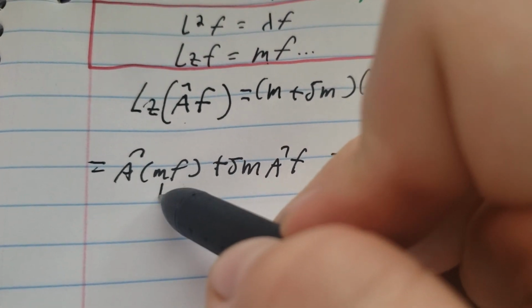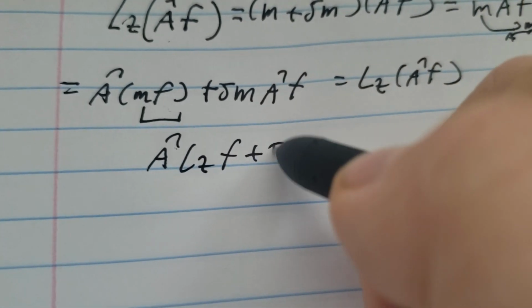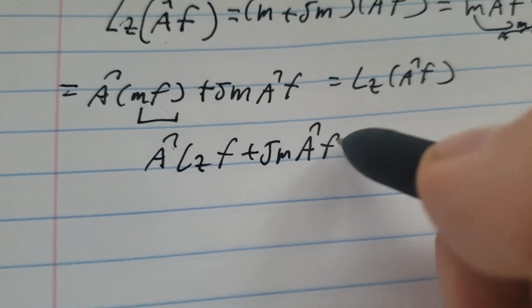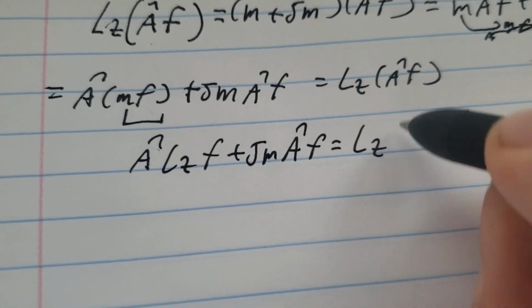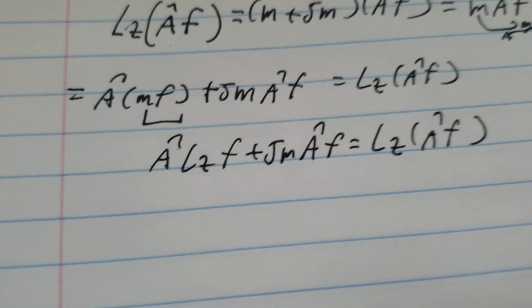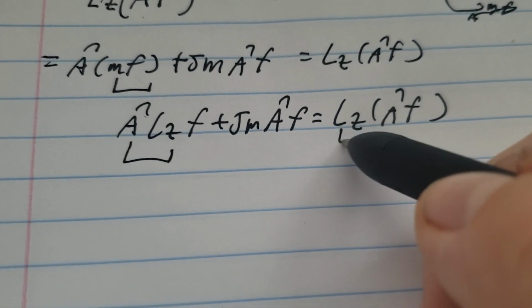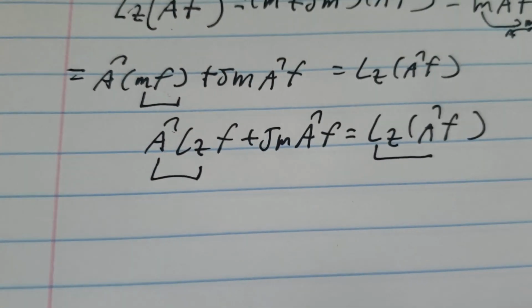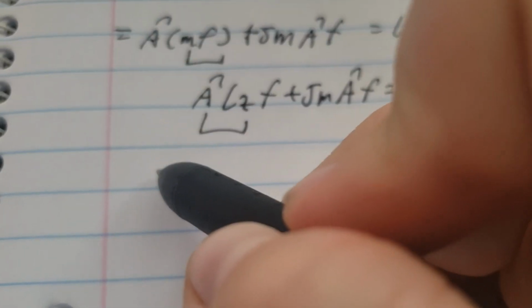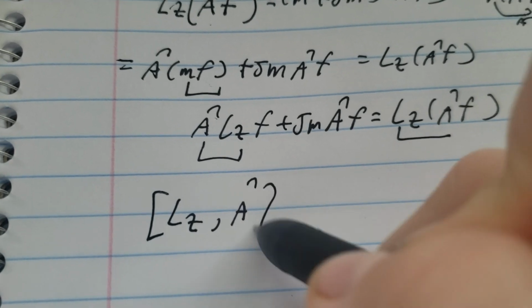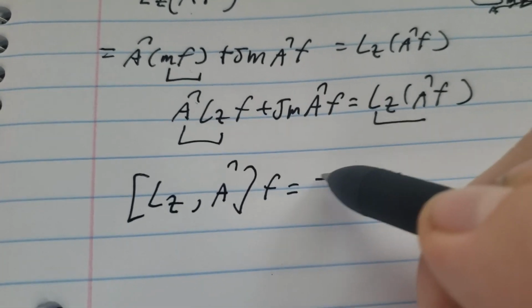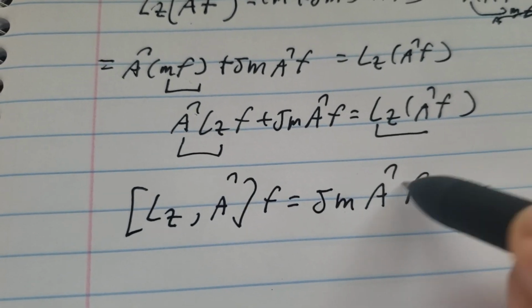But this is just Lz acting on f. Well, we can subtract A hat Lz f from both sides, and we just get the commutator of Lz with A hat acting on f equals delta m A hat f.